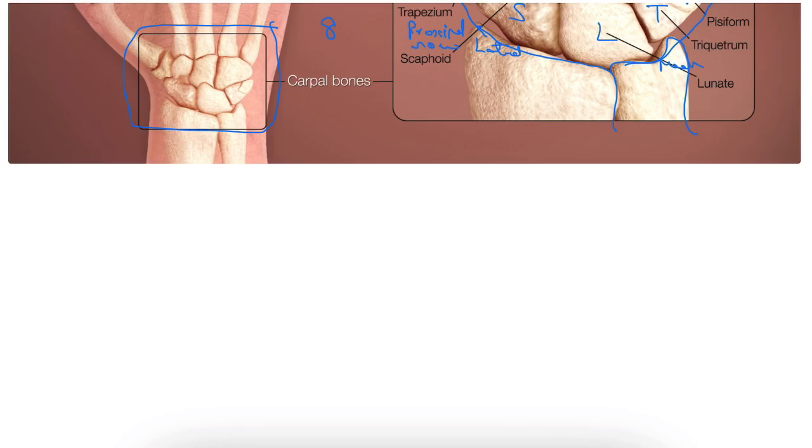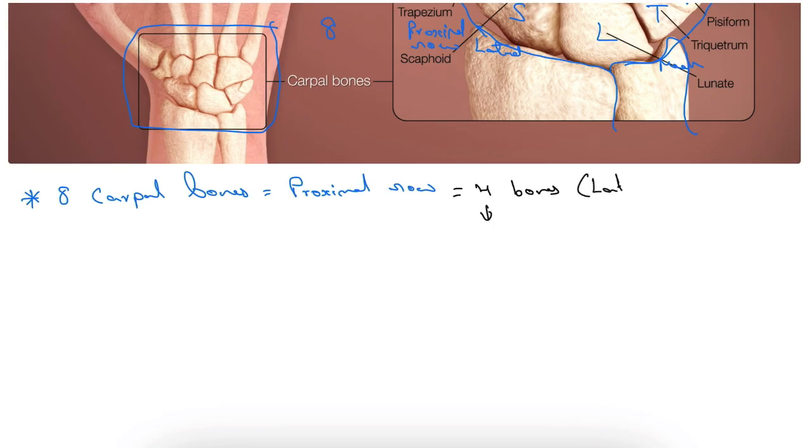First of all, in total we have 8 carpal bones, and we can divide them into 2 parts. One is the proximal row. In the proximal row we can see 4 carpal bones, from lateral to medial. First of all, scaphoid.